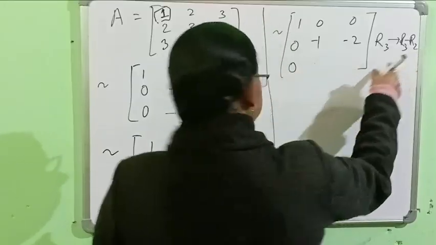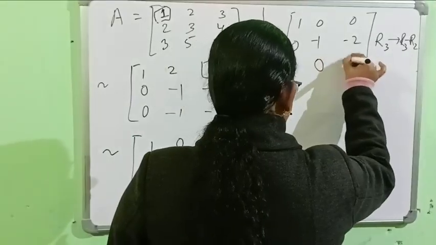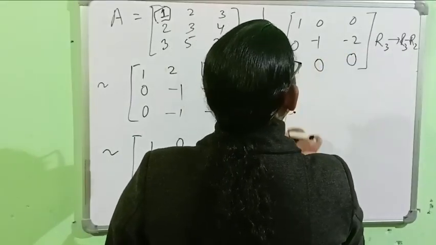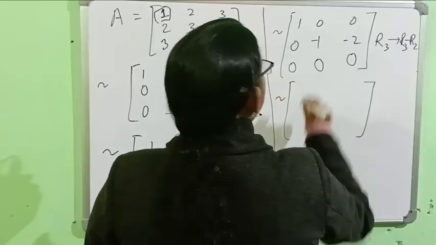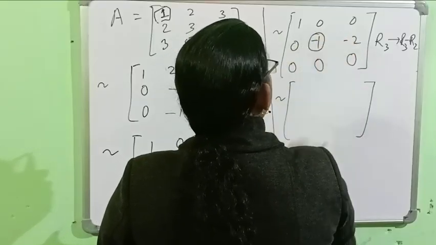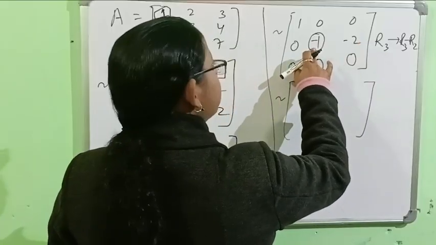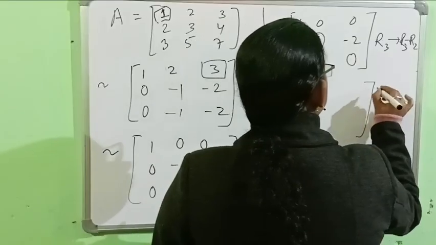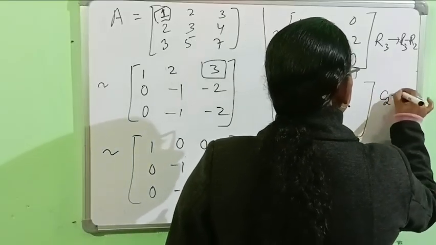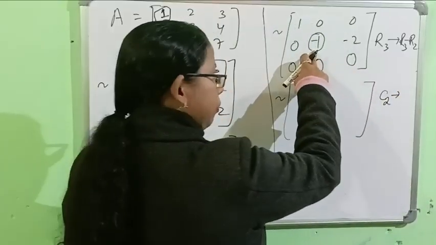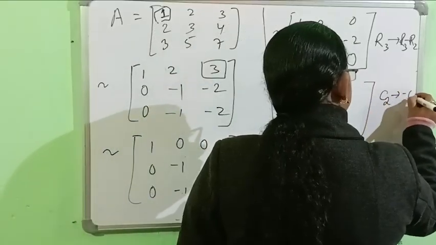I perform this operation, R3 minus R2, and this one becomes 0, this one becomes 0. Alternatively, I make this one 1 at first. This will be 1 if I multiply C2 by minus 1.